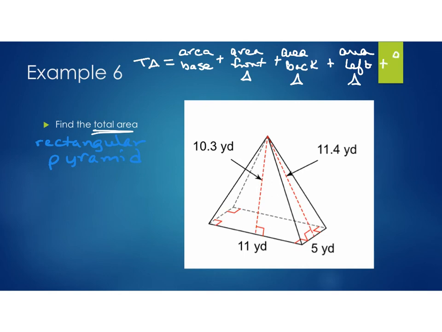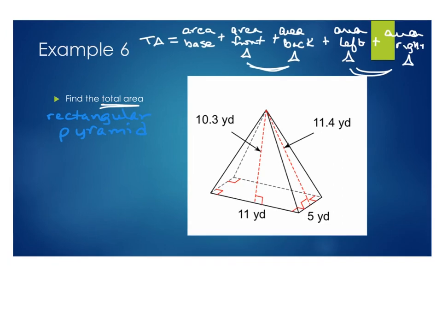And then lastly, add it to the area of the right triangle. Now, both the left and the right triangle, these are the same. So once I find one, I can just double it. And then the same for the front and the back. These will be congruent triangles. So let's go through and let's start filling this in.